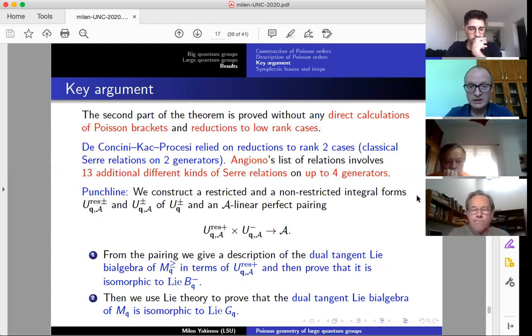So that's a way of producing the final result without doing any of these calculations of Poisson brackets. So in other words, we do get lots of Poisson brackets from specializations, but we never compute them. We just use the perfect pairing in order to prove results for them.